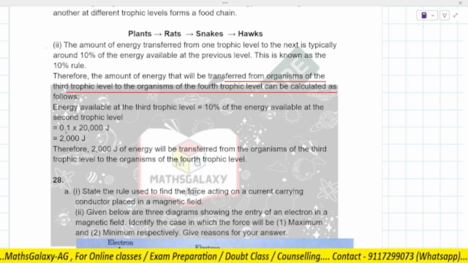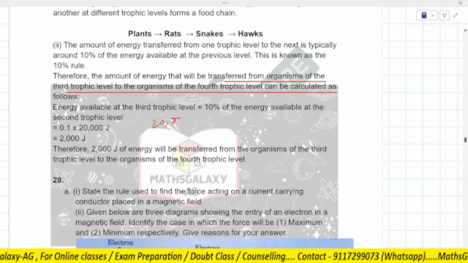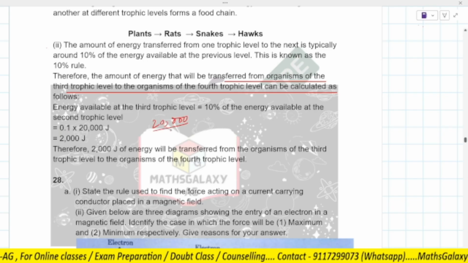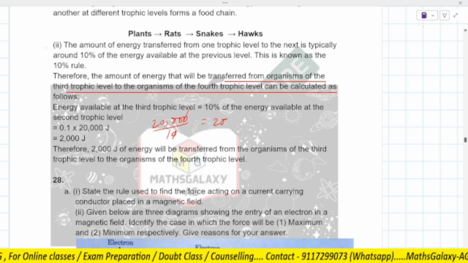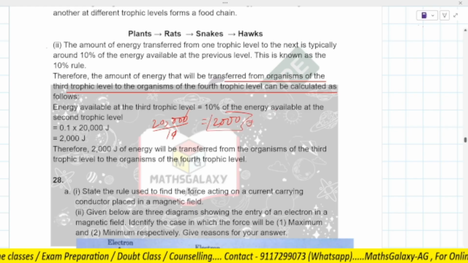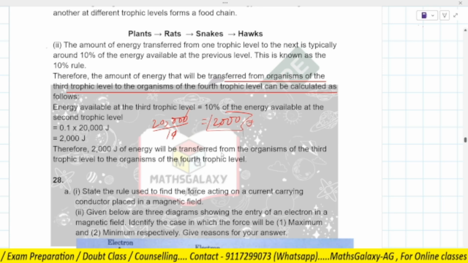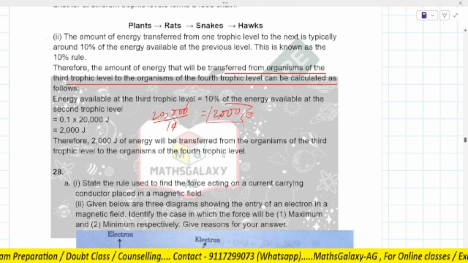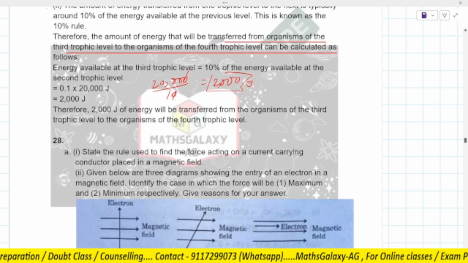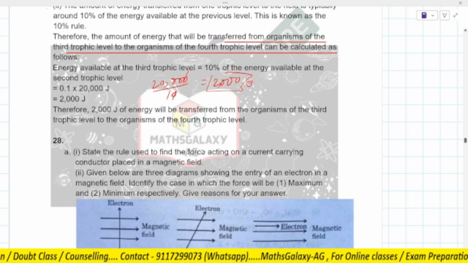So here you can multiply by 0.1 or just divide 20,000 by 10. So it will be 2000 joule. Therefore, 2000 joule of energy will transfer from the organisms of the third trophic level to the organisms of the fourth trophic level. Is it clear? Any doubt?